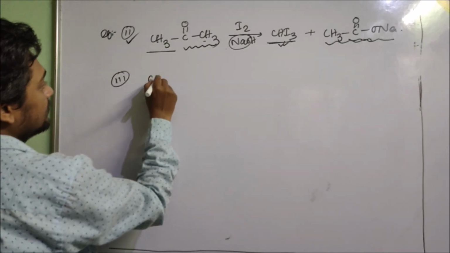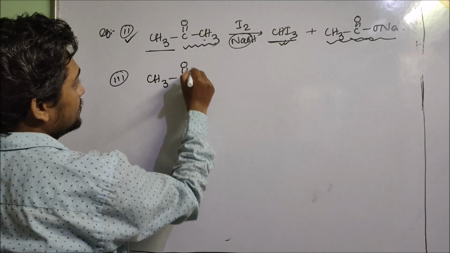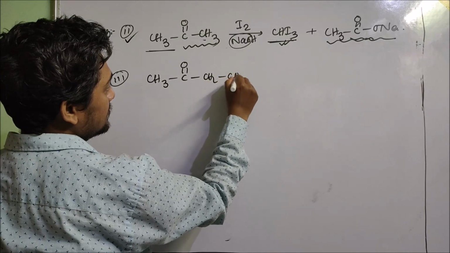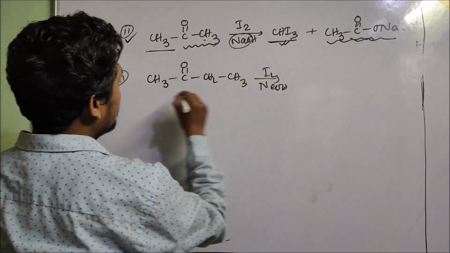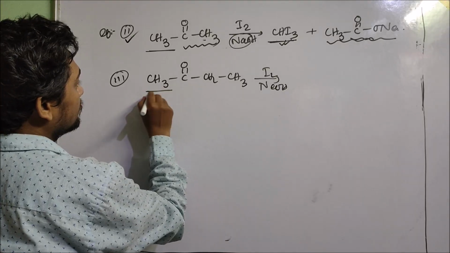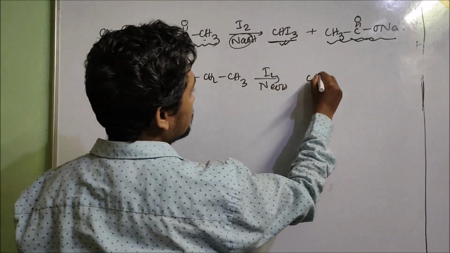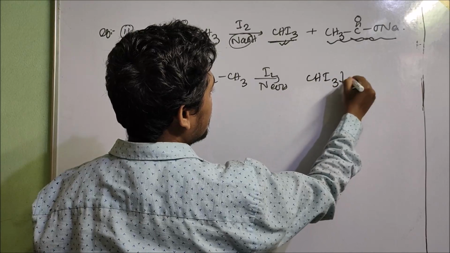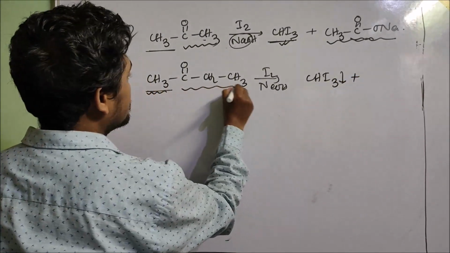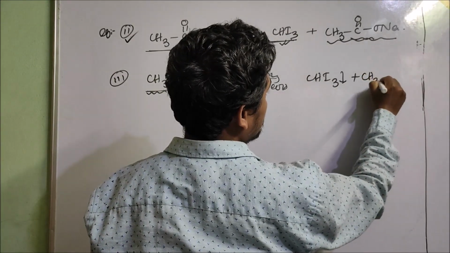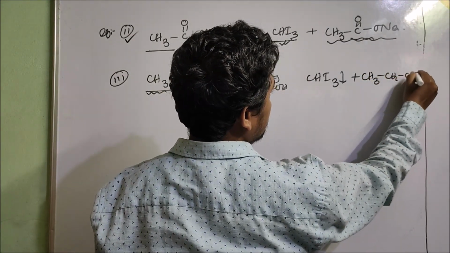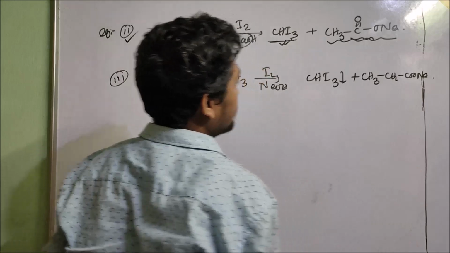CH3COCH2CH3, if it reacts with NaOH and I2, then this methyl group will convert into CHI3, and this portion will convert into the corresponding carboxylate salt.